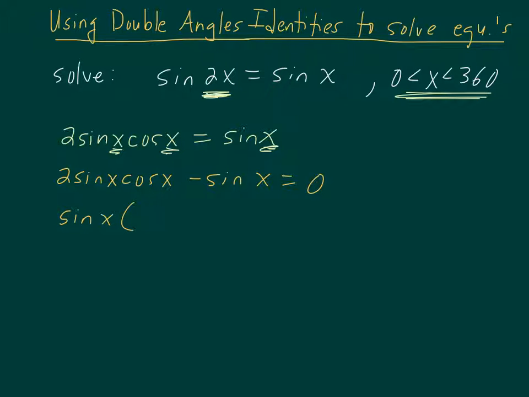If I take out a sine of x from each of these parts, we have 2 cosine of x minus 1. From there, it's in factored form, so we could set each factor equal to 0 and solve. Now again, if you're not seeing this, if you were to just distribute, you'd get the same thing that we have in the previous step.